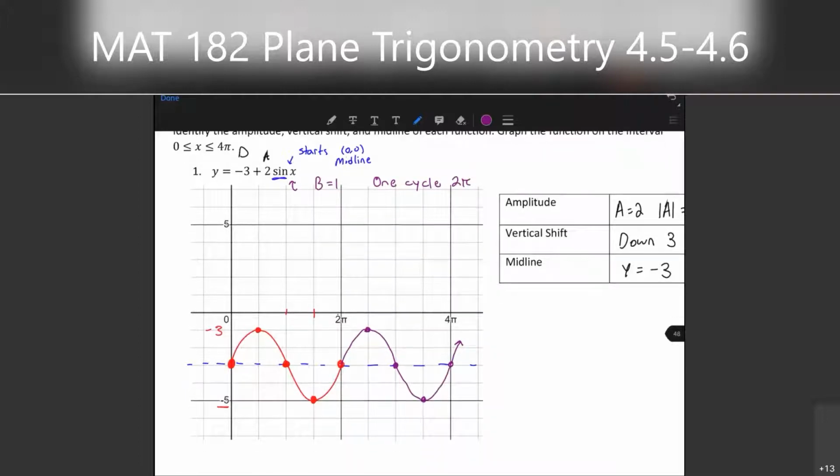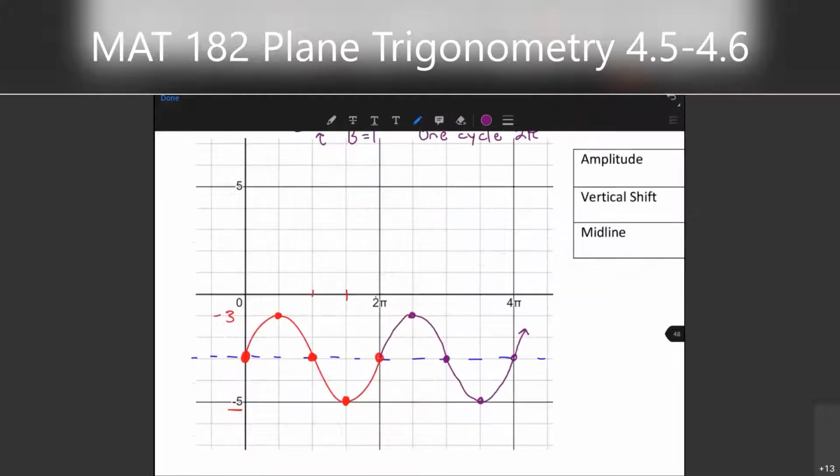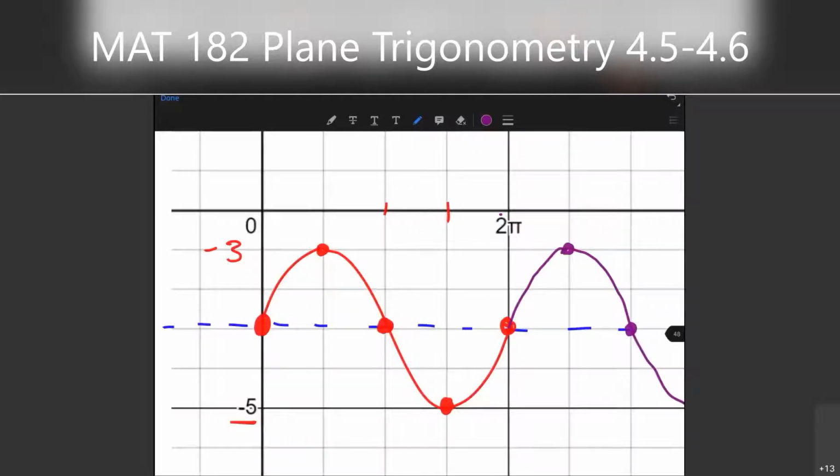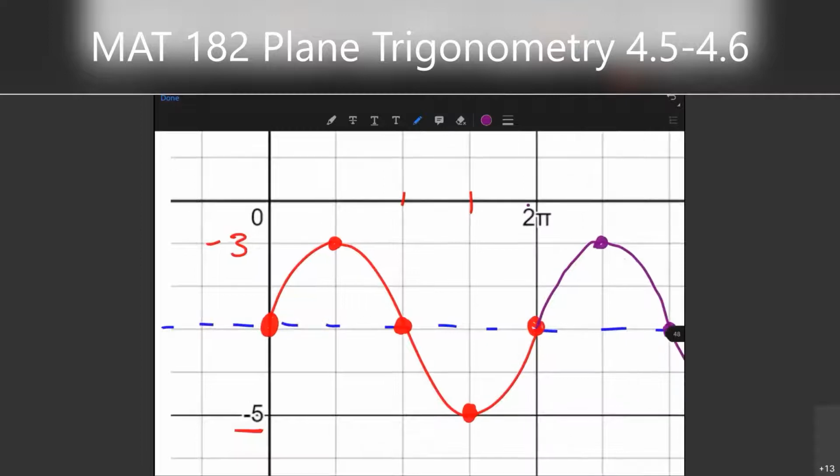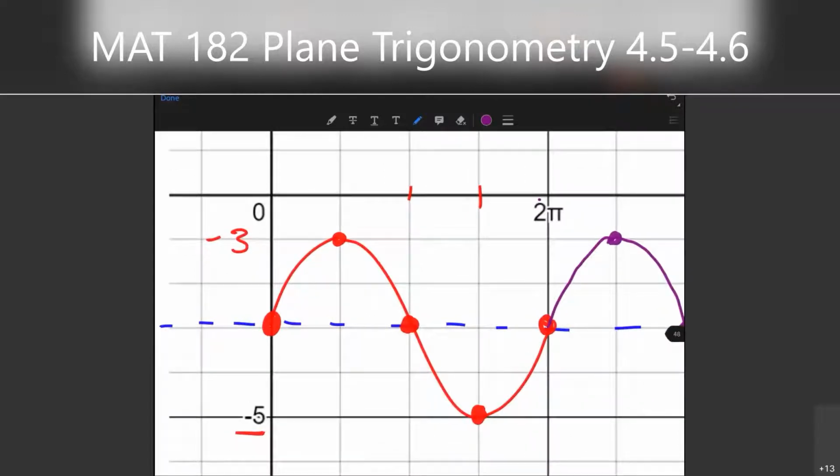So if we just boil it down to this section right here, which is usually what we'll do, a 0 to 2 pi section, red is just 1 cycle of sine. So when you're actually going to graph it on the computer, that's really what you're looking for, this first cycle. I'm just showing you that in purple, that cycle just continues that same pattern.